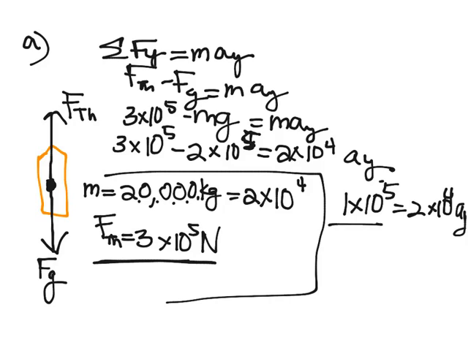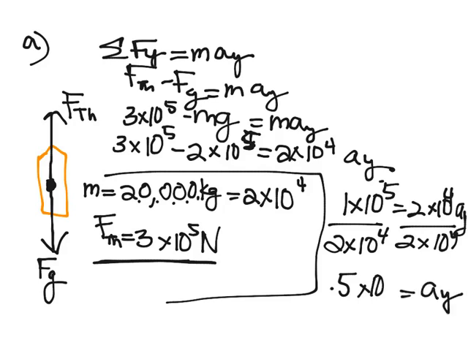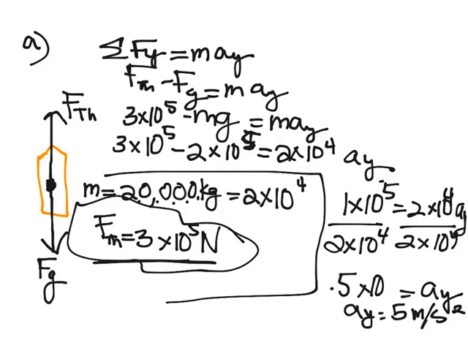I divide both sides by 2 times 10 to the 4th, and I end up with 0.5 times 10 is equal to a y. So a y is only 5 meters per second squared. That might seem like a really small acceleration if we're dealing with such a huge force, but we have to remember the mass is also very, very large.